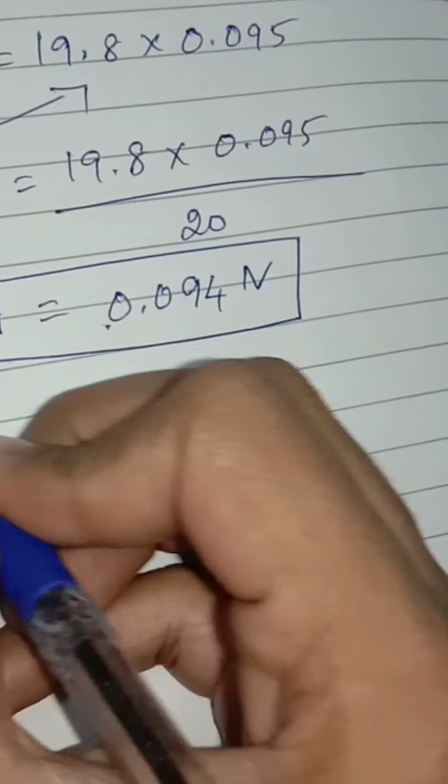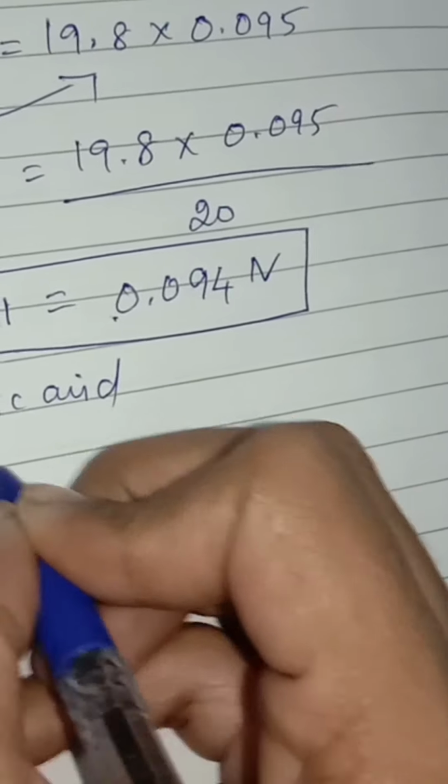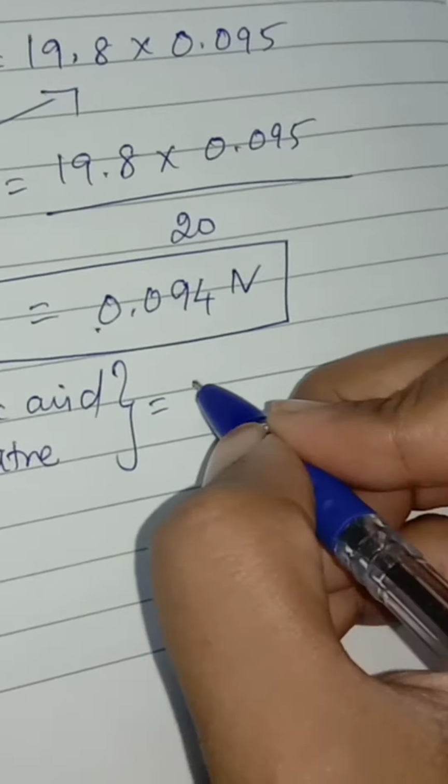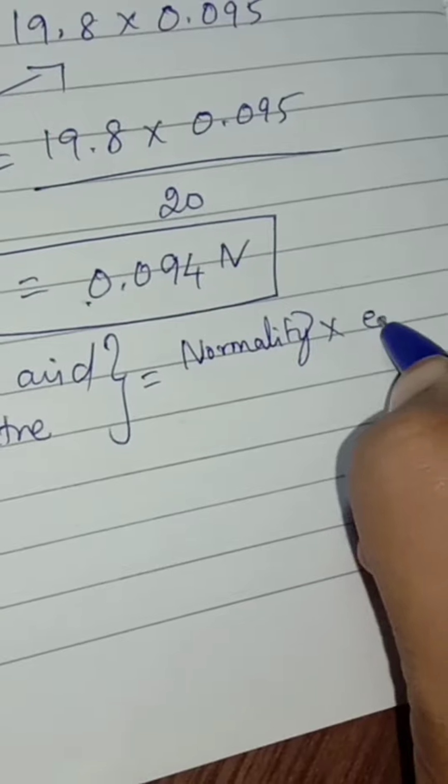Weight of oxalic acid in 1 liter is equal to, what is the formula? Normality into equivalent weight. This is the formula.